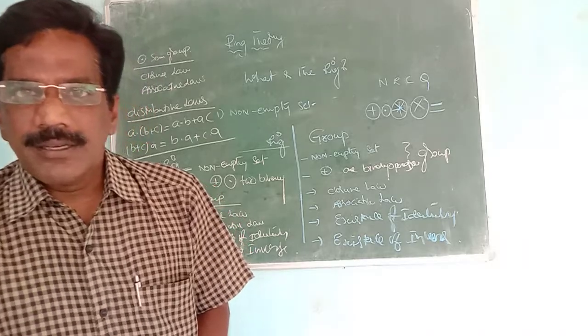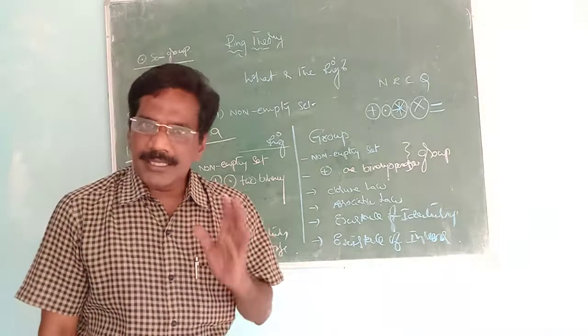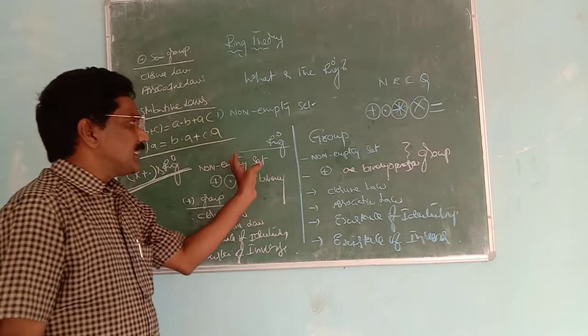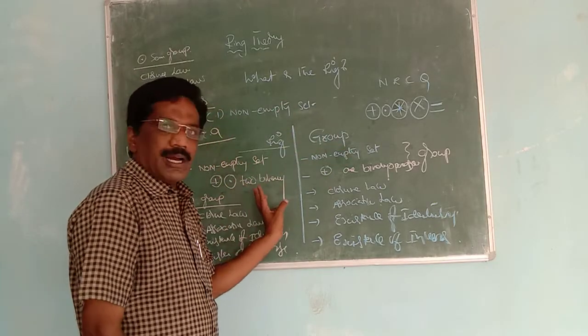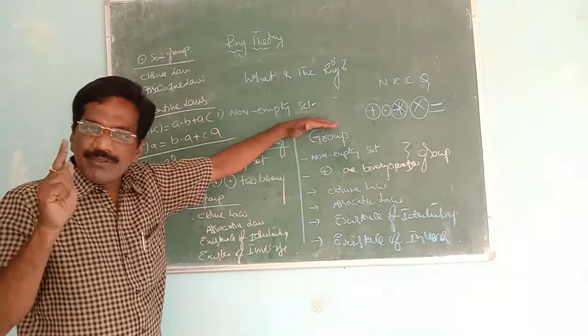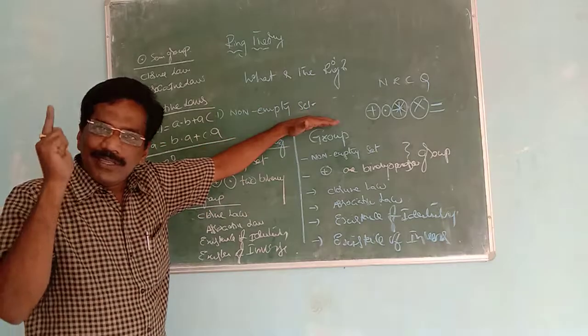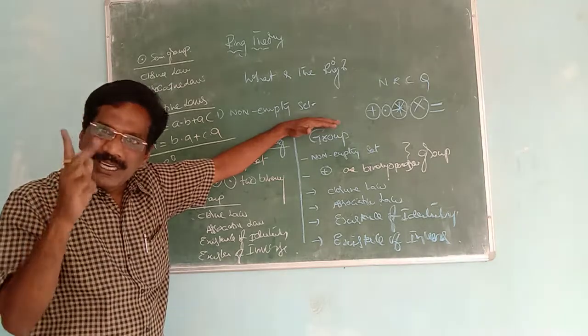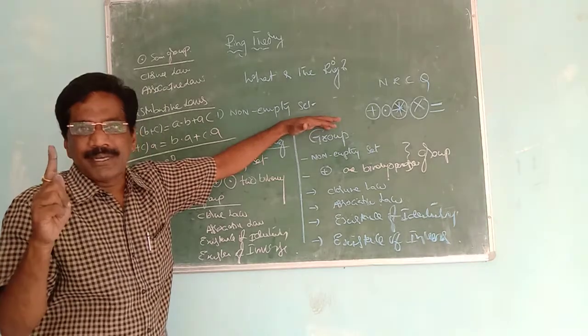Okay, has every student got it now? Once again I will explain. What is the difference between group and ring theory? What is the group? First of all, you take only a non-empty set, and second, you use only one binary operation.